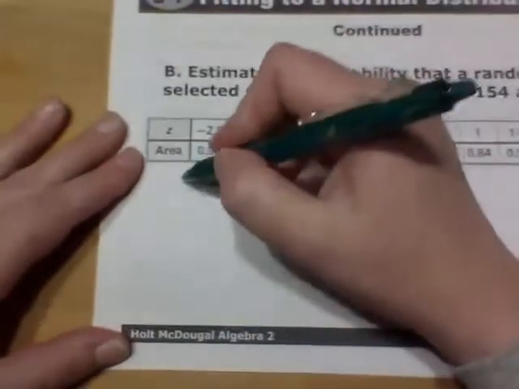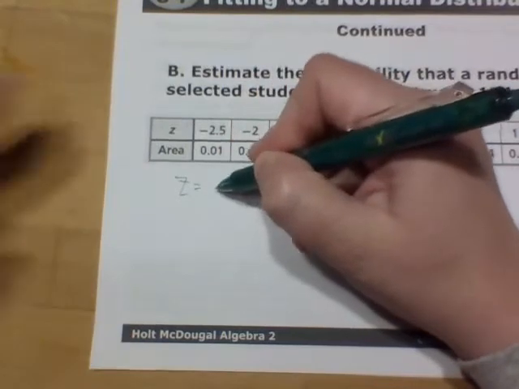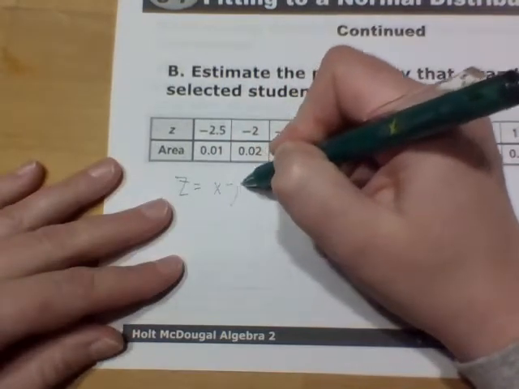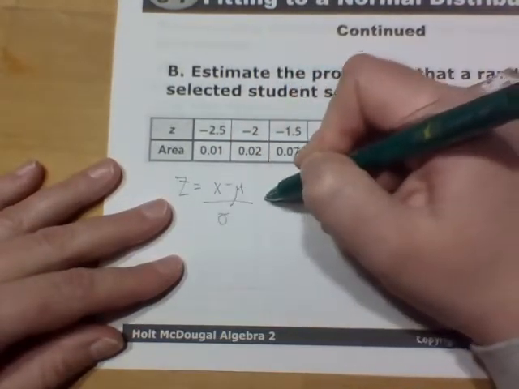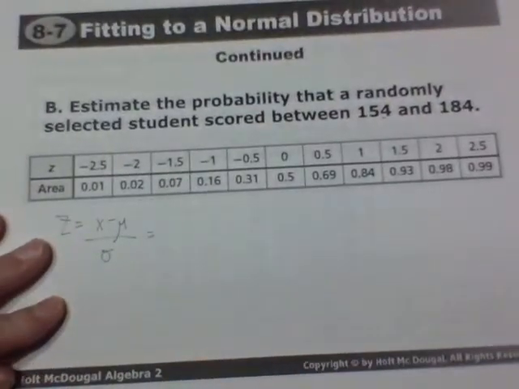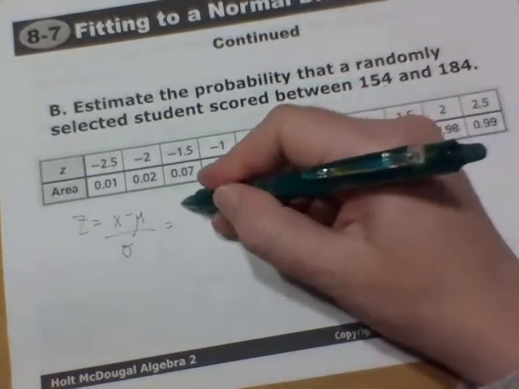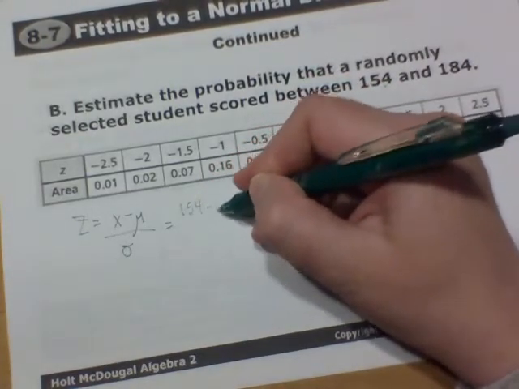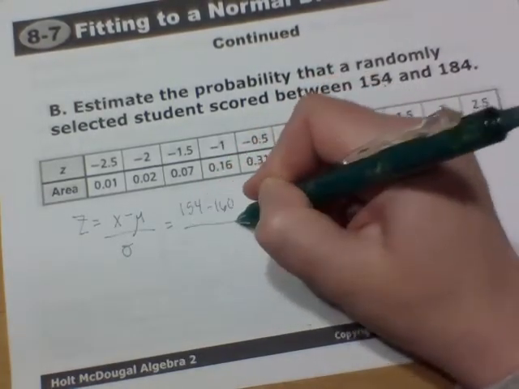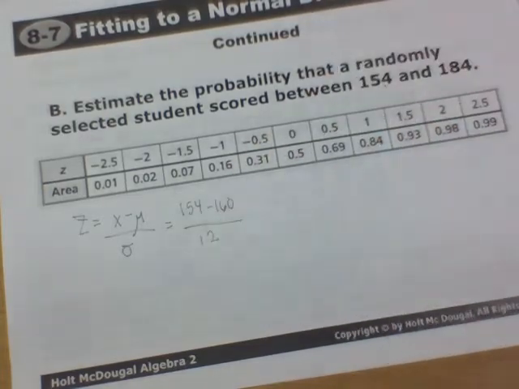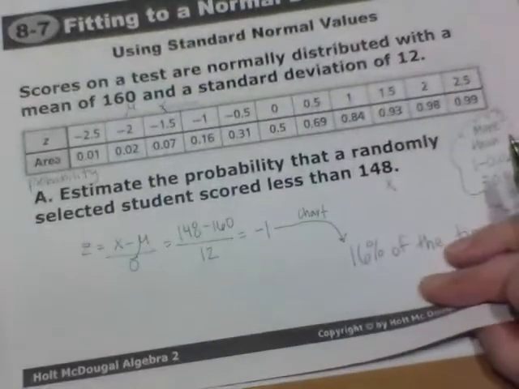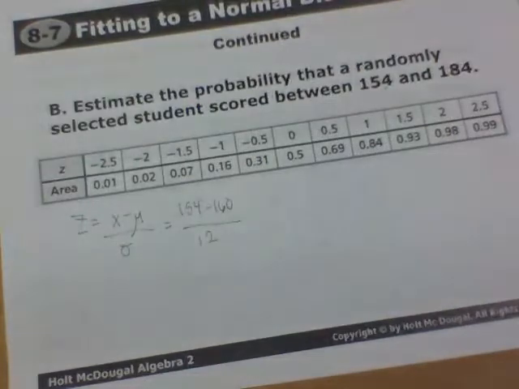So taking a look at this first problem, we're going to be doing x minus mu over our standard deviation. And so again, the x in this first option is 154, but the mu, or the average, was 160, and the standard deviation was 12, again, in the previous part of the problem.